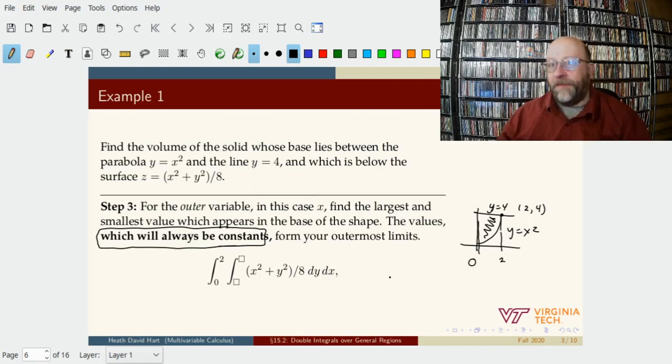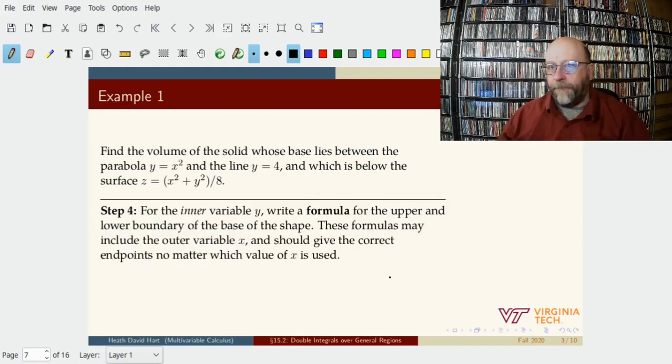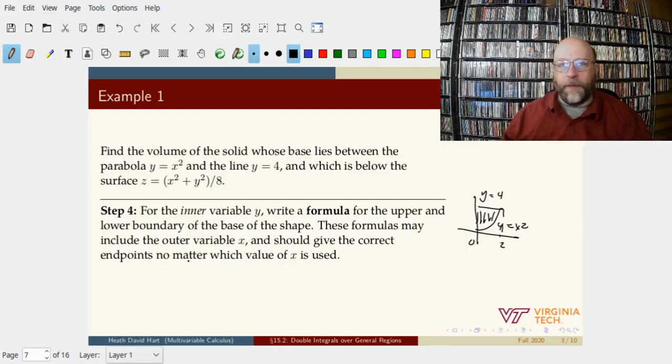The finesse comes on the inside layer, and that's what we're going to do now. So again, let's look at the shape. y equals x squared, y equals 4. And we've already said that the x coordinate goes from 0 to 2. For the inside layer, we're going to write formulas.